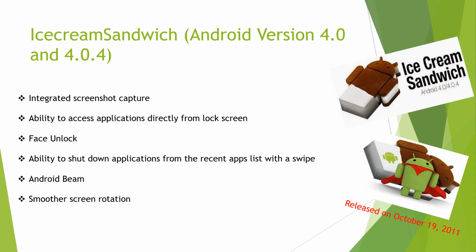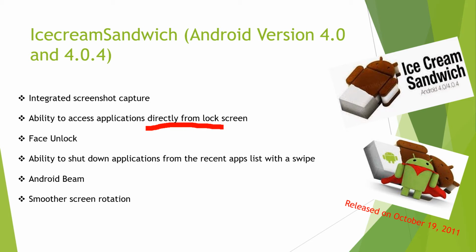Next arrived IcecreamSandwich, which contained Android version 4.0 and 4.0.4. It was released on October 19th, 2011. Some of its features were as follows. Integrated screenshot capture. So taking screenshot of the screen on phone was introduced from IcecreamSandwich onwards. Ability to access applications directly from the lock screen.